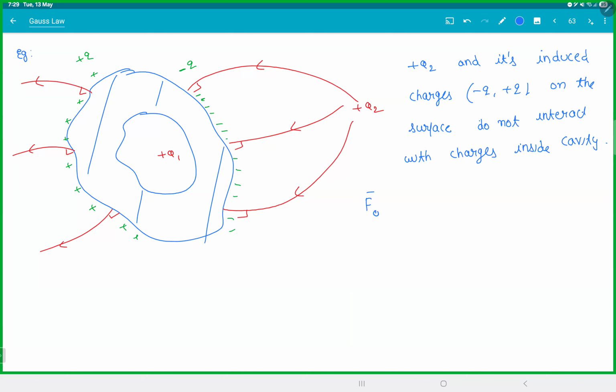Therefore, the force between Q1, Q2 plus force between minus Q, Q and Q2, this resultant must be 0. This is what we call a shielding effect or screening effect.